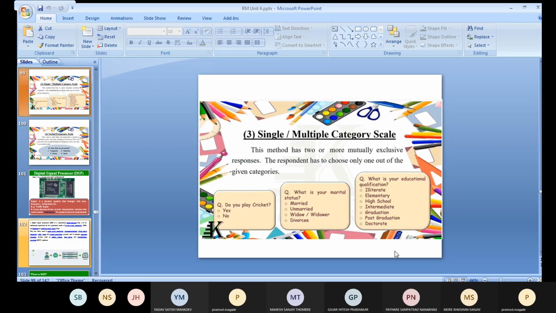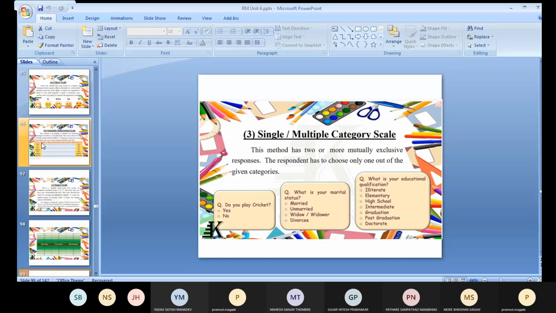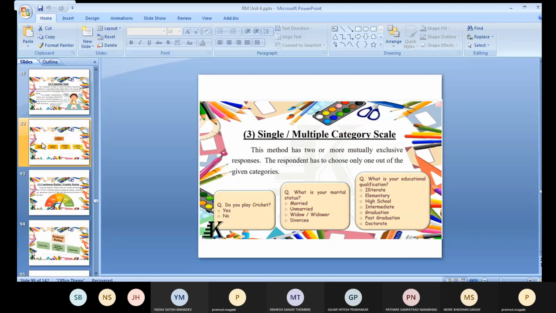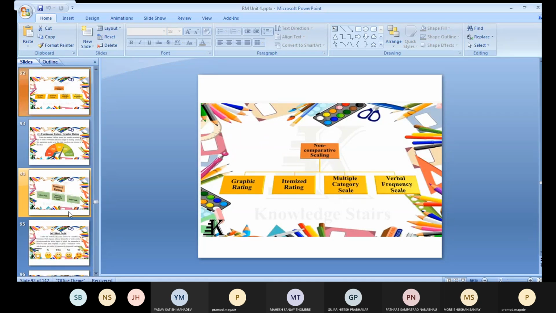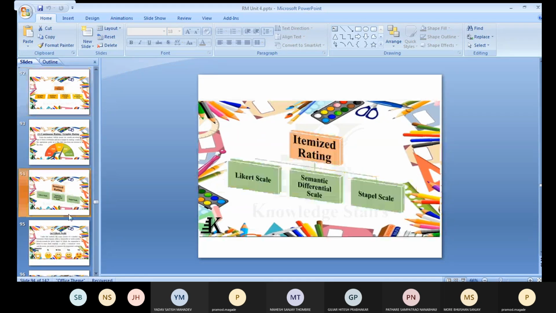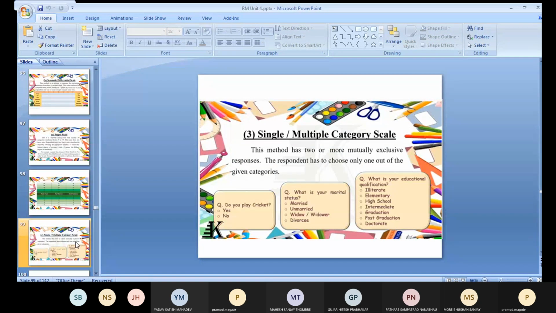Correct. Next part is the multiple category scale. As per the charts we have seen, we have seen the graphic or continuous rating, we have seen the itemized rating, and right now the multiple category. See, multiple options are there. Very simple.